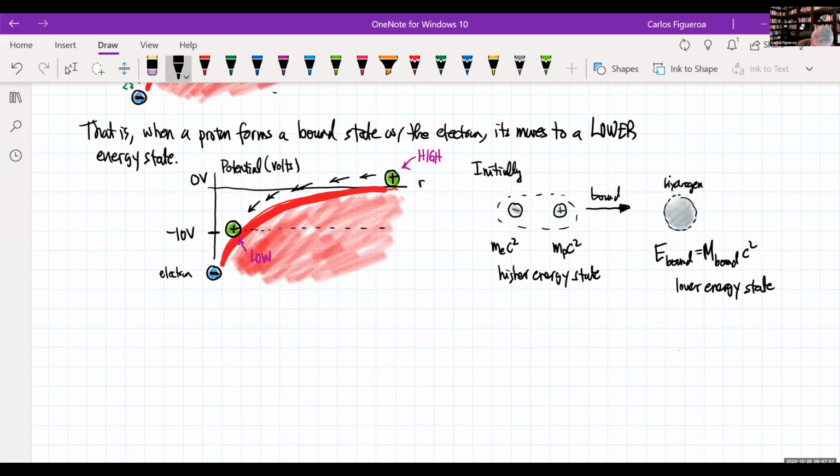Let me see if my pen works now. So a bound state is a lower overall energy.